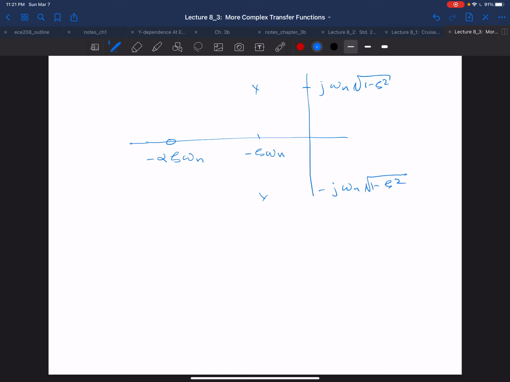For simplicity, let's just look at the step response. We know the impulse response is just the derivative of the step response. And it turns out to be particularly easy to look at the step response.